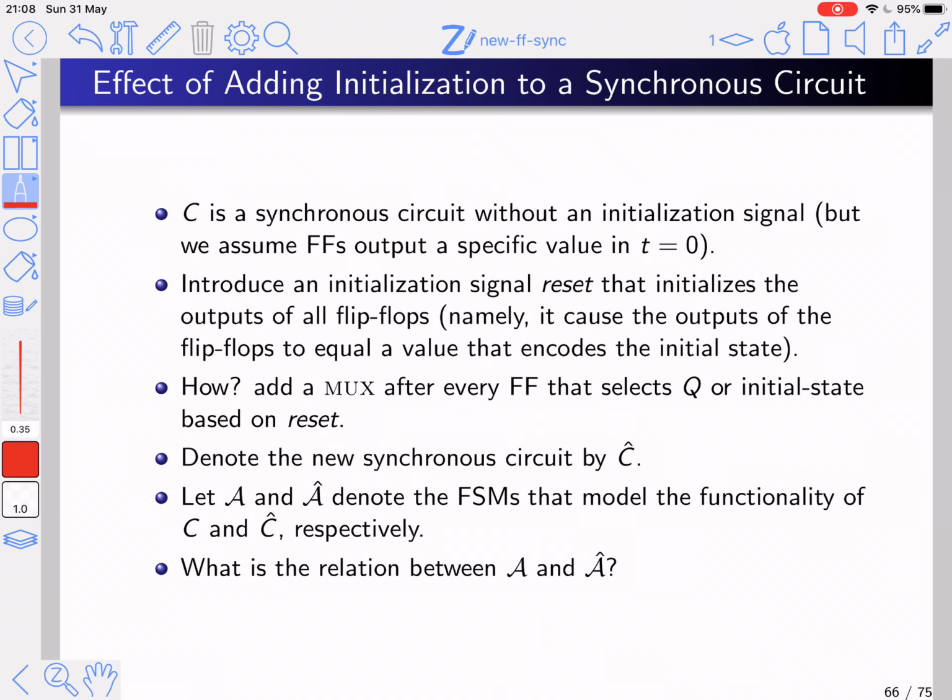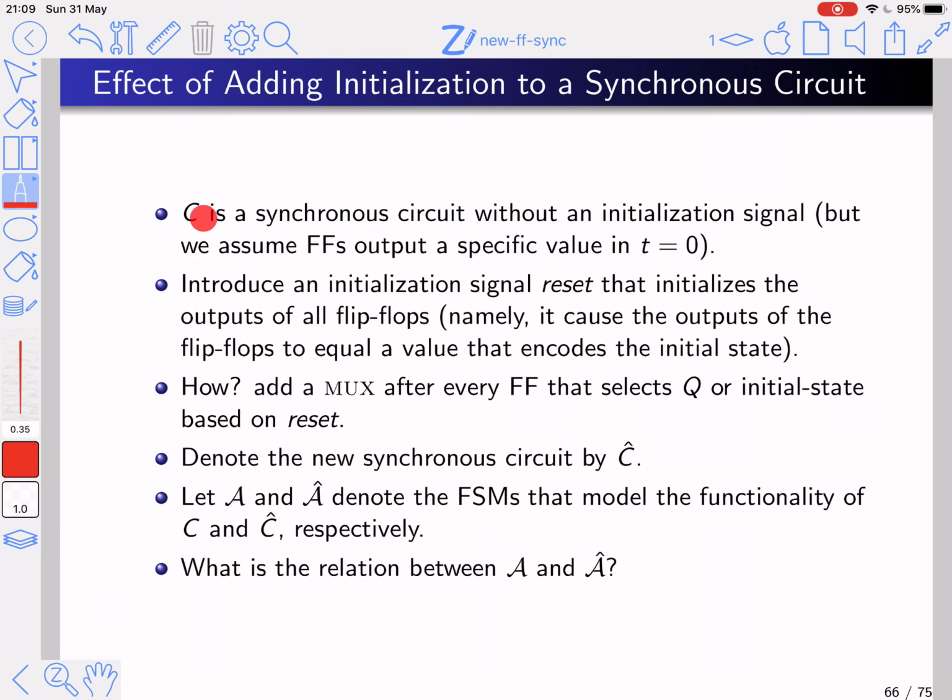Let's summarize. Before we summarize, I want to analyze the effect of adding initialization to a synchronous circuit. So I have here a synchronous circuit C that doesn't have an initialization signal. It works based on the assumption that the flip-flops magically output a specific value, say all zeros, in clock cycle 0.